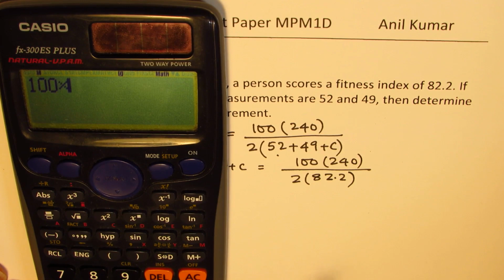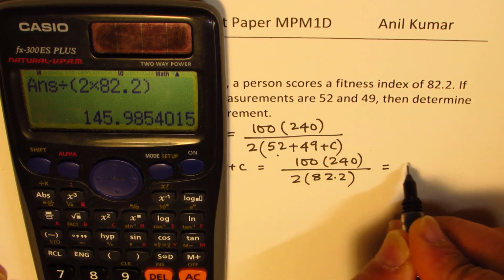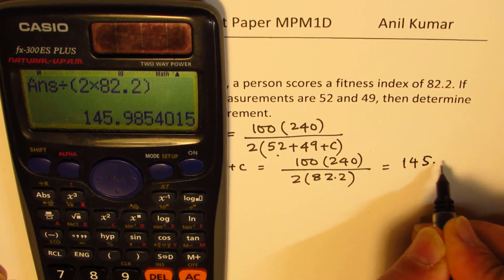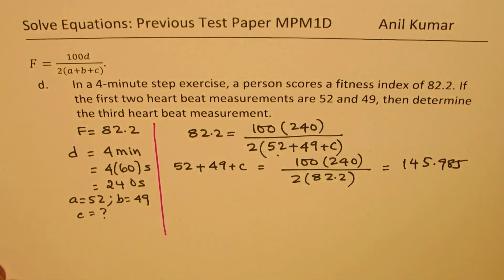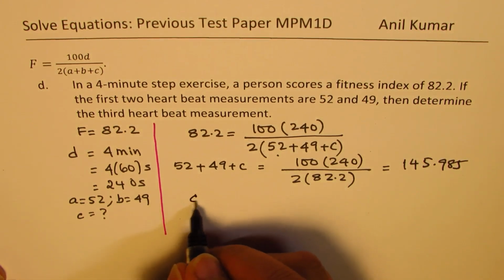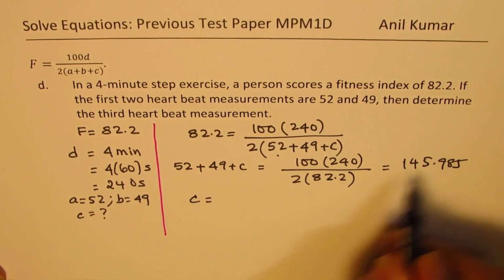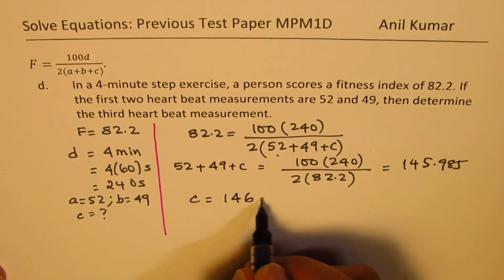Since we are using a calculator, let us straight away find the decimal equivalent. We get 100 times 240 divided by, within brackets, 2 times 82.2. What we get here is 145.985. Correct? So the value of C should be equal to all this. We can round this to 146, right?